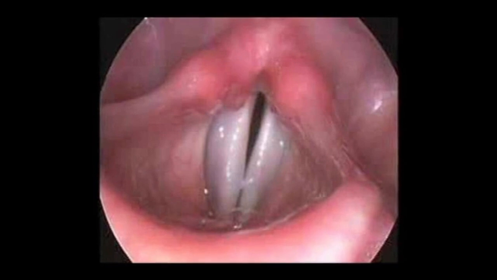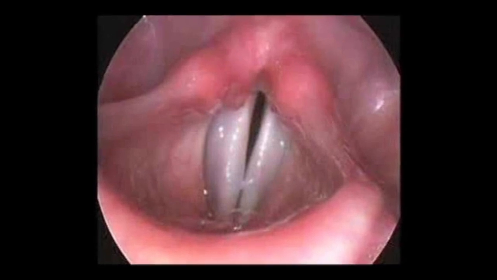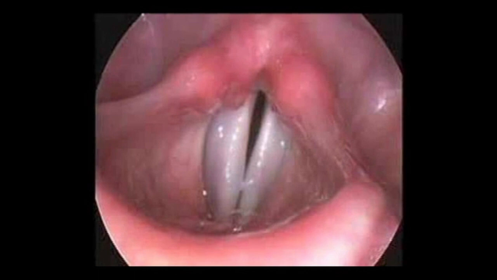They are parallel, and they have different positions. First, they can be held tight. When they are held tight, there is no gap between them, and they are held tight to avoid food particles from entering the windpipe, the trachea, and also in many other situations.